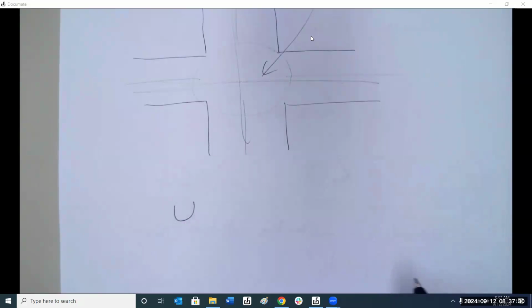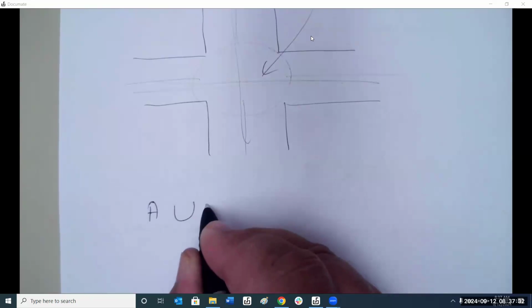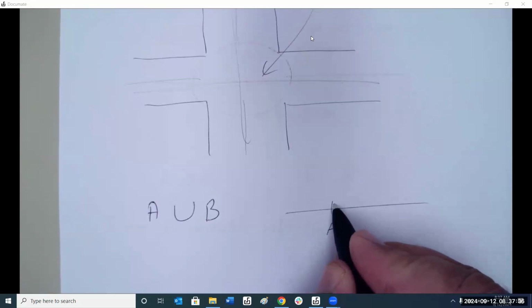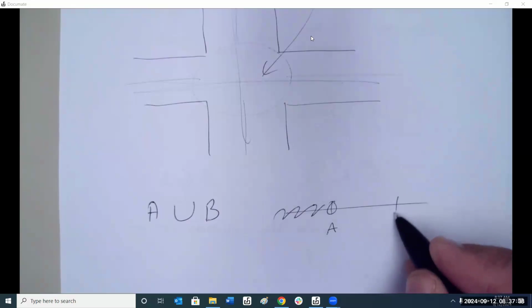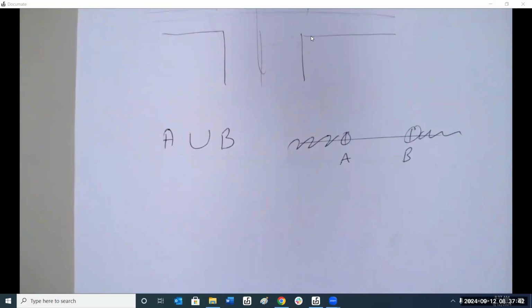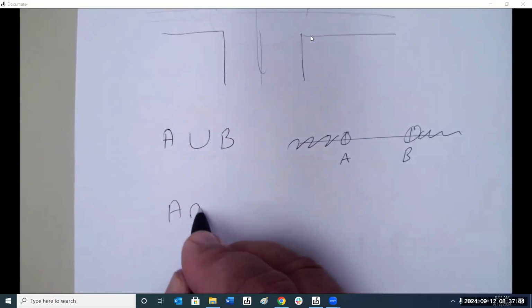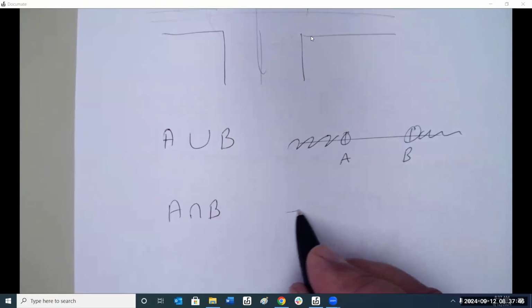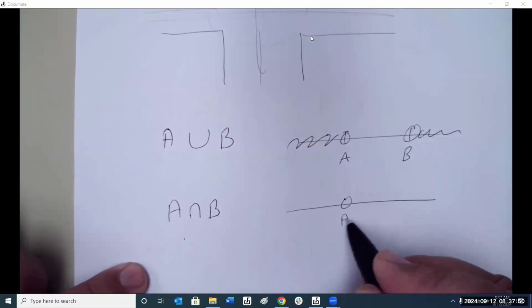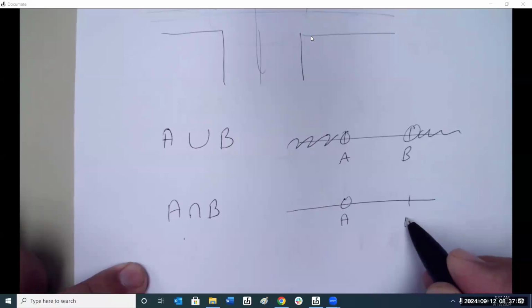The union, if we had A or B, that could look like that. What this means is now only what they have in common.